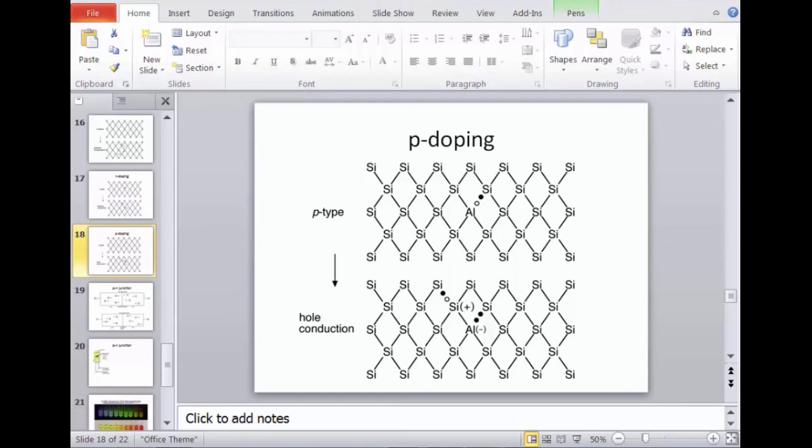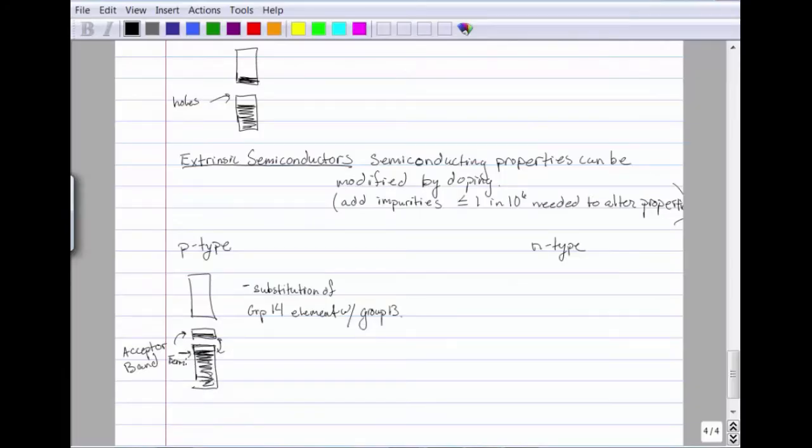The N-type is similar but opposite. If you were talking about group 14 being your main component, you would dope with group 15, so you'd add an element with one extra valence electron. An example of N-type is substitution of group 14 with group 15.